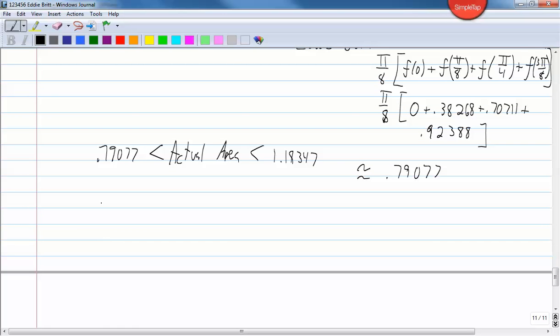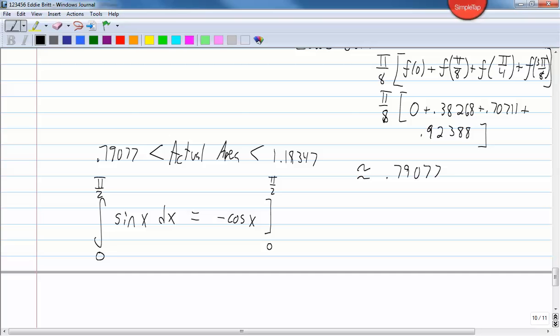So if I take the integral, x equals 0 to x equals pi over 2 of sine of x dx, this is going to give me the actual area. The integral of sine is negative cosine. And now we're evaluating that from 0 to pi over 2.